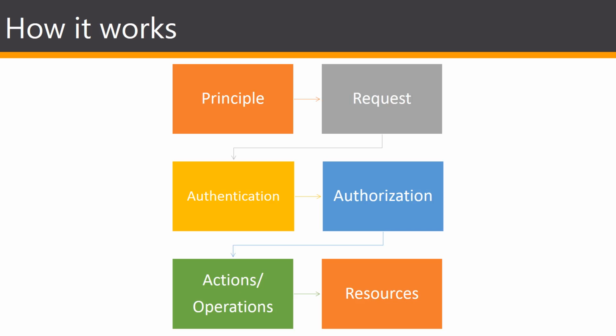After authentication, we have authorization, during which AWS uses values from the request context to check for policies that apply to the request. It then uses the policies to determine whether to allow or deny the request. Most policies are stored in AWS as JSON documents and specify the permissions that are allowed or denied for principals. There are several types of policies that can affect whether a request is authorized.